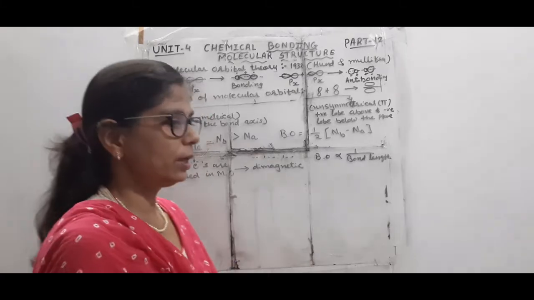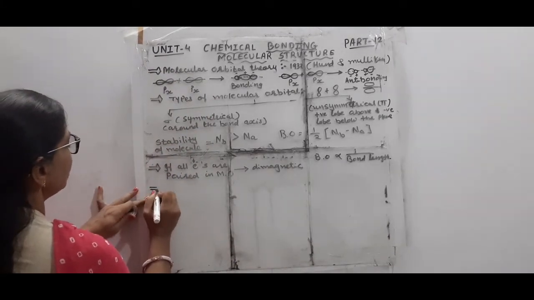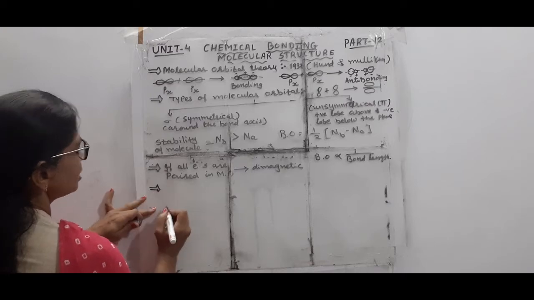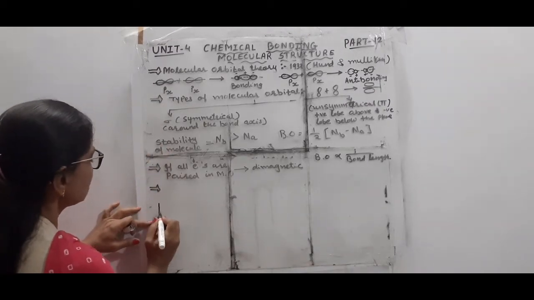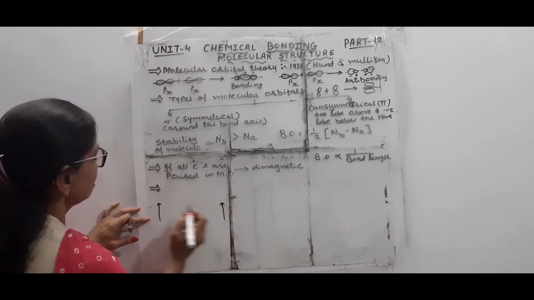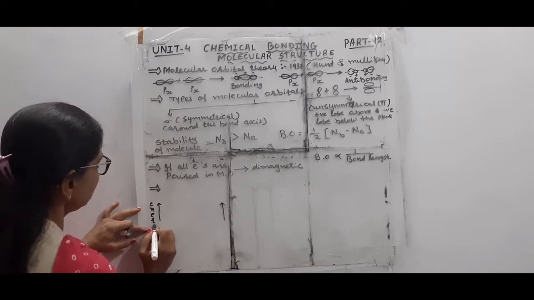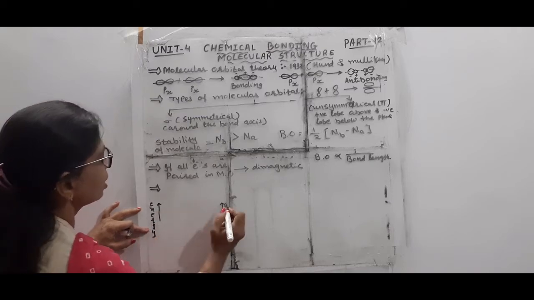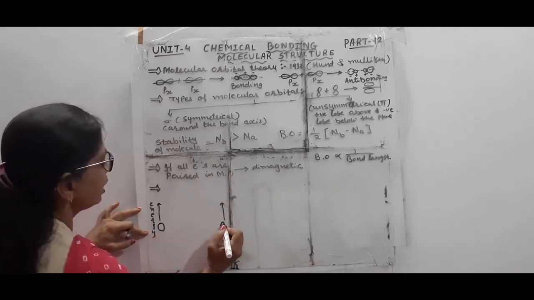So students, now we see how the molecular orbitals will be filled. We are just doing it for the 1s orbital. This is our energy level, students, in increasing order. This is for one hydrogen. This is for another hydrogen.